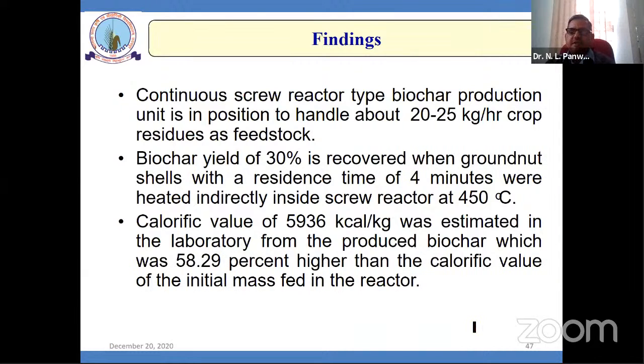So that is the whole biochar conversion process. Around 6,000 kilocalories per kg, so 58% higher calorific value you can achieve if you go for fuel purposes. Otherwise, for soil amendment or carbon sequestration, there is no issue of the calorific value.